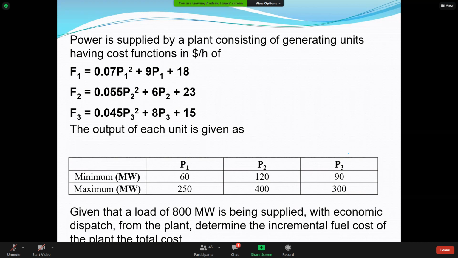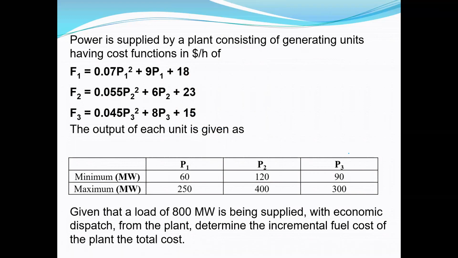As before, you'll find the differential. Whilst we gave you the lambda expressions, here we give you the cost functions. What you want to determine is, one, the incremental fuel cost of the plant and the total cost of production.